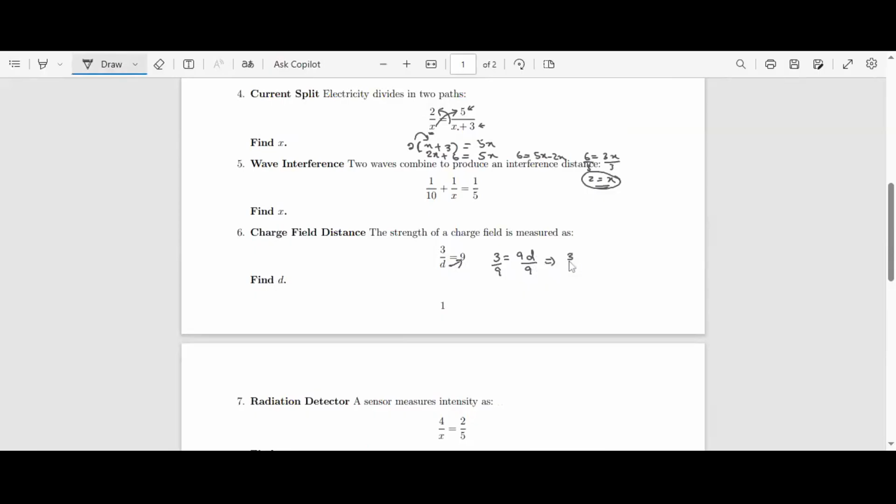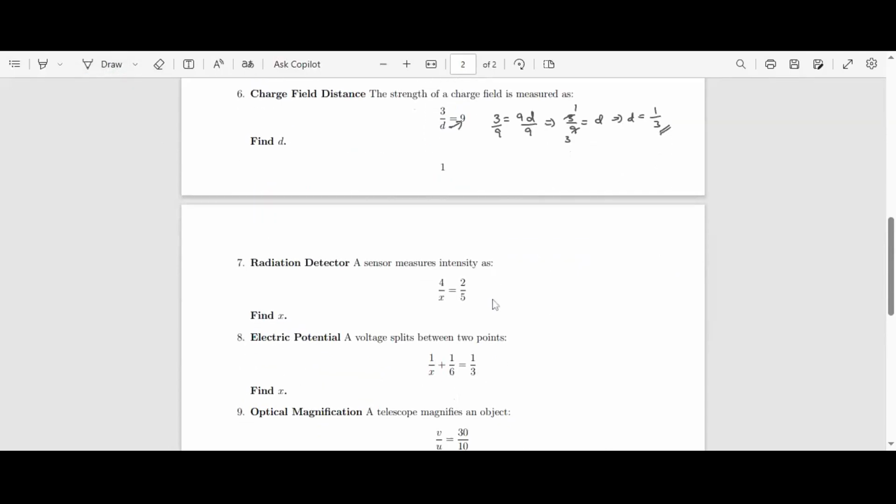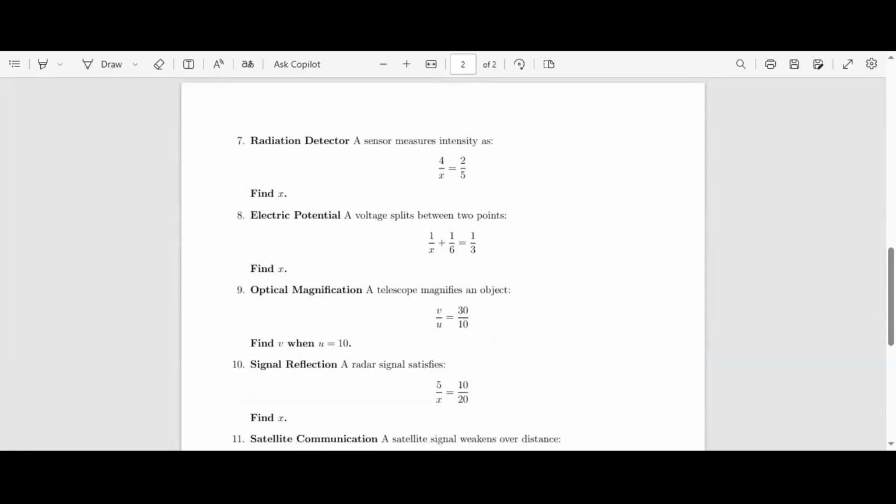You get 3 by 9 equals d. 3 by 9 means you divide 3 by 3, you get 1, and you divide 9 by 3, you get 3. So d equals 1/3. We can do the seventh one and the eighth question in a similar manner.